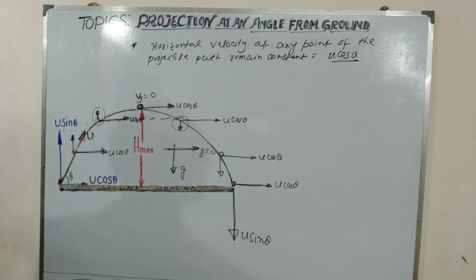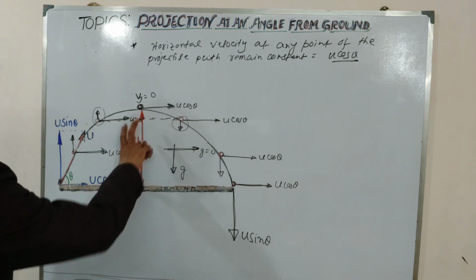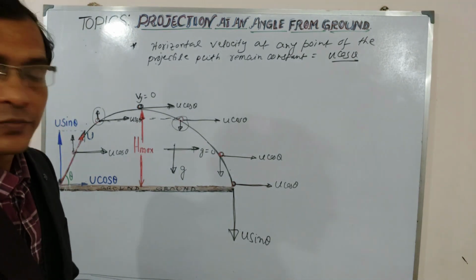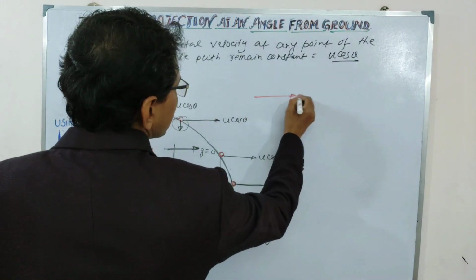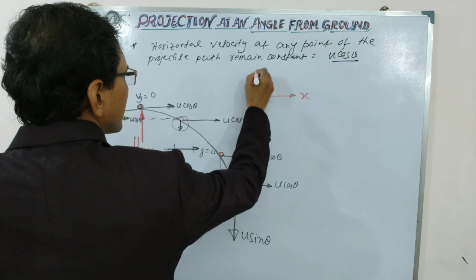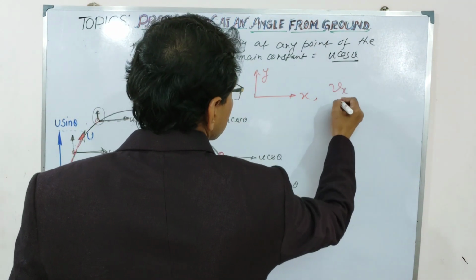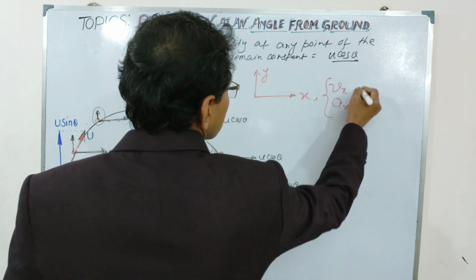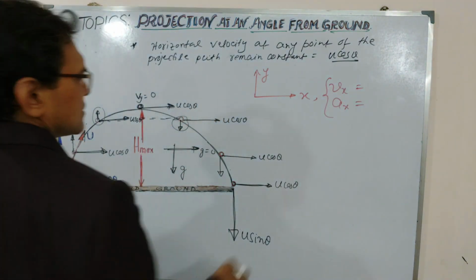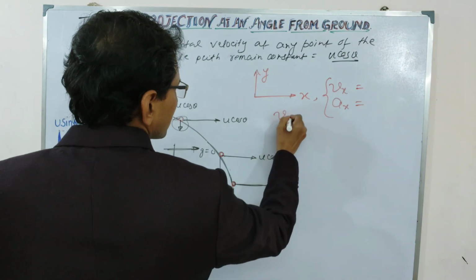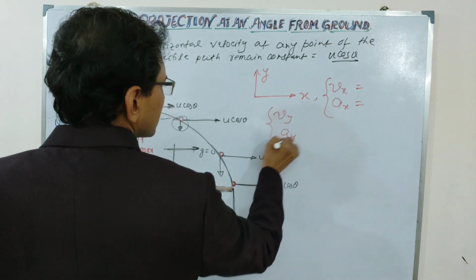So now we have to find the maximum height, range and time of flight, etc. for this projection. Here, this is the x direction and this is the y direction. So we take velocity along the x direction, acceleration along the x direction, and velocity along the y direction and acceleration along the y direction.